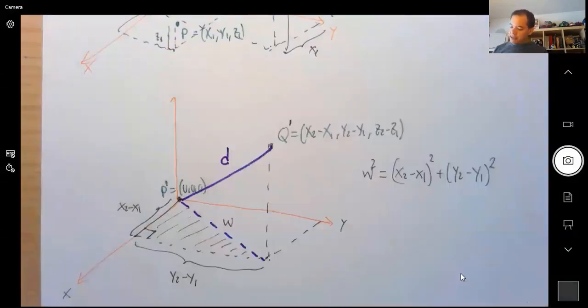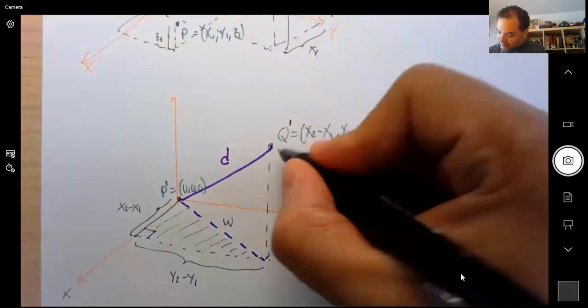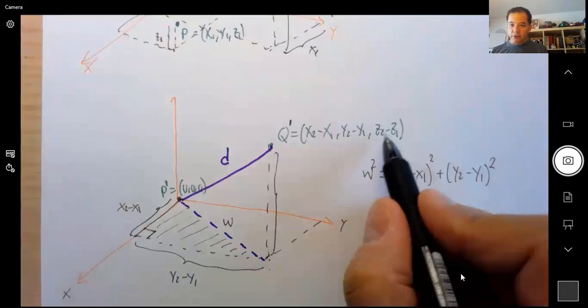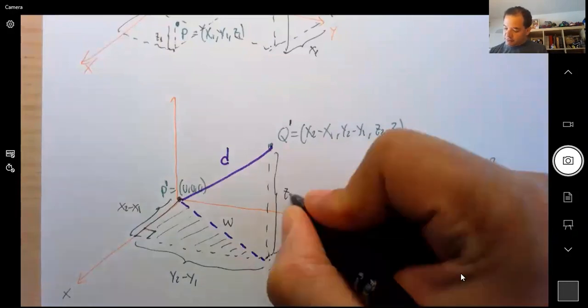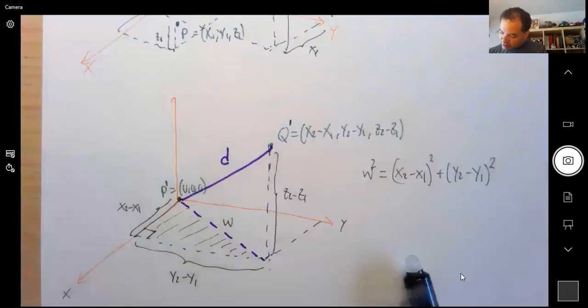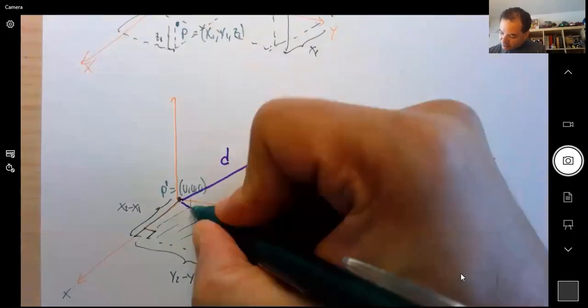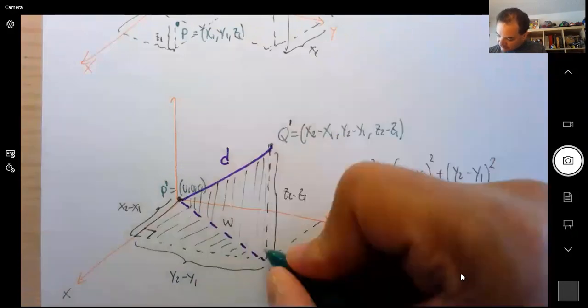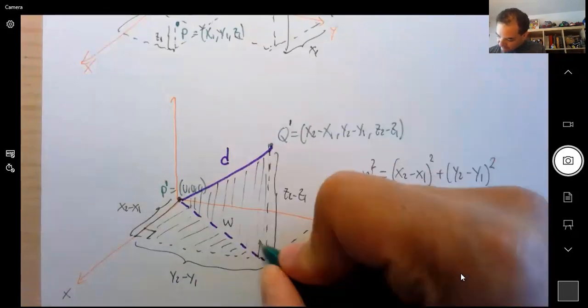And then all I need is to know this height. Well, that height is the z coordinate of Q prime. So that's z2 minus c1. And this triangle over here, let me now shade it with green. It's also a right triangle. The right angle is right here. Right?